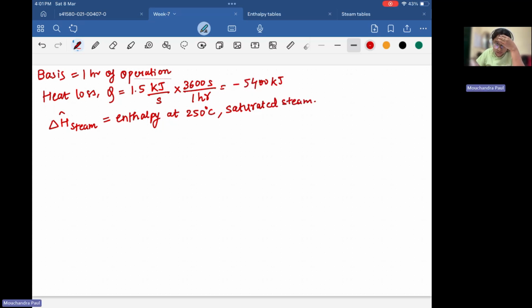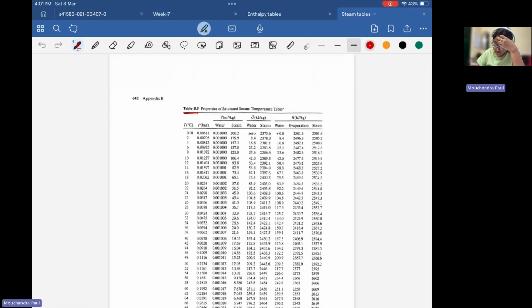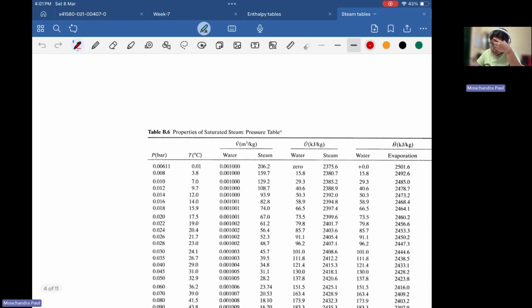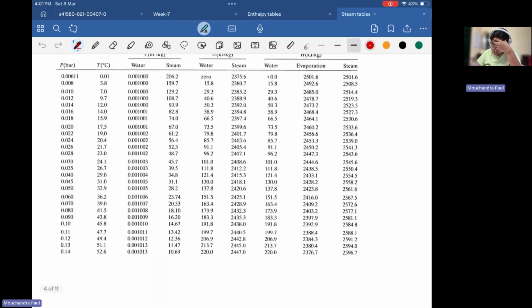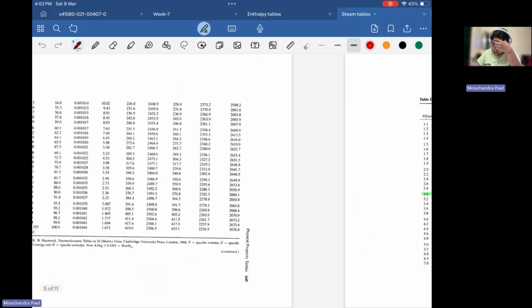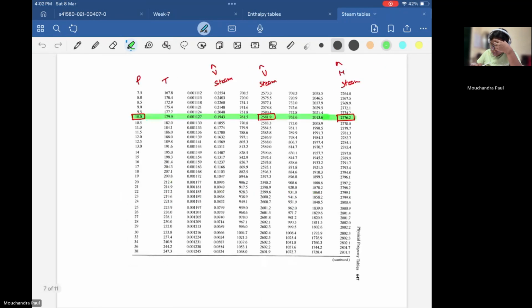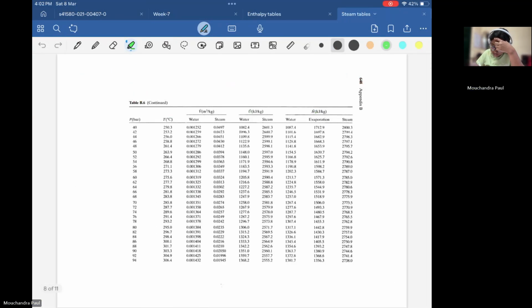We can easily get this value from the steam tables. So this is the steam table that I have here. If you go to the temperature table and find 250 degrees Celsius, there you go.